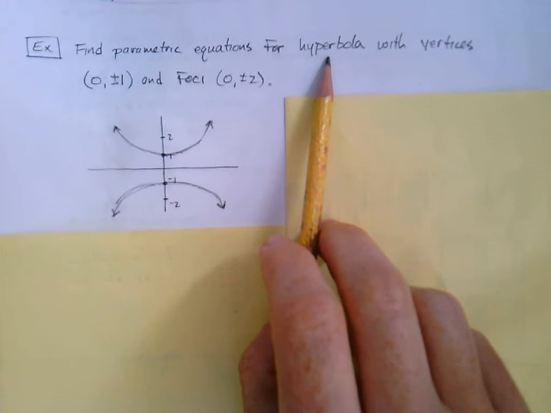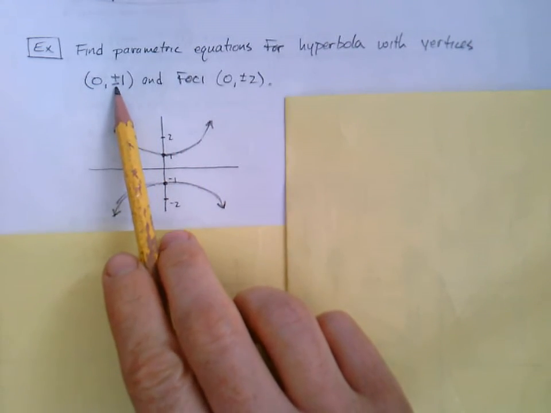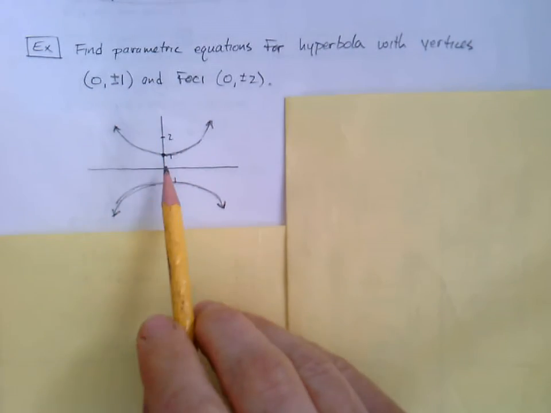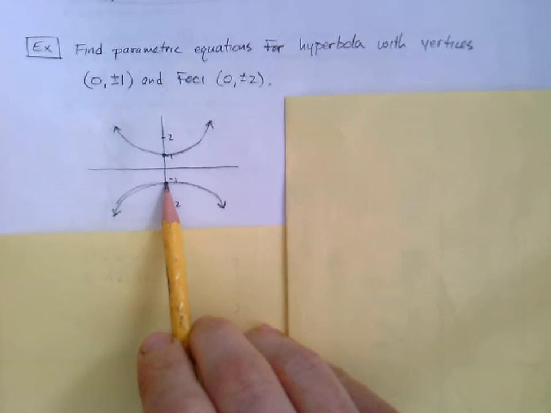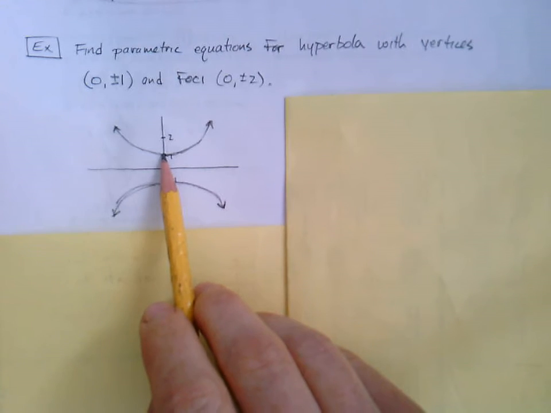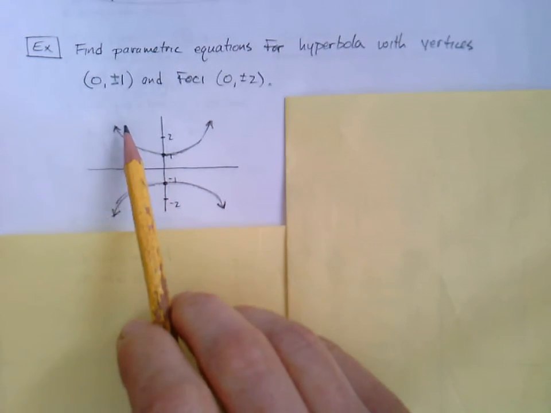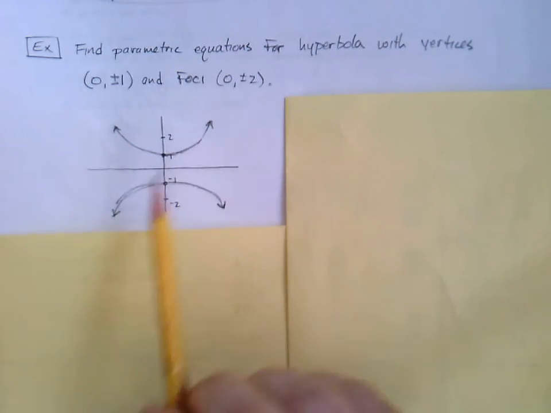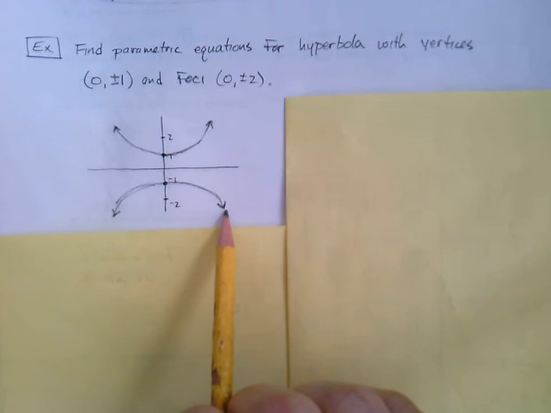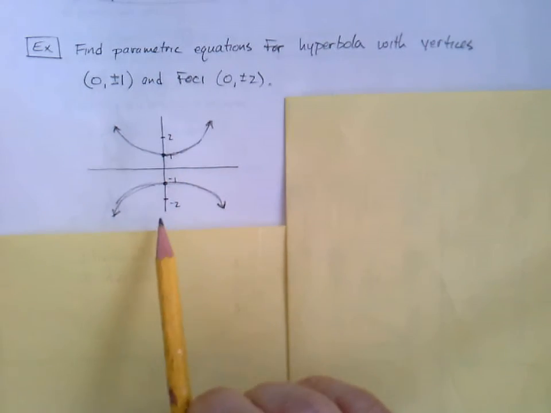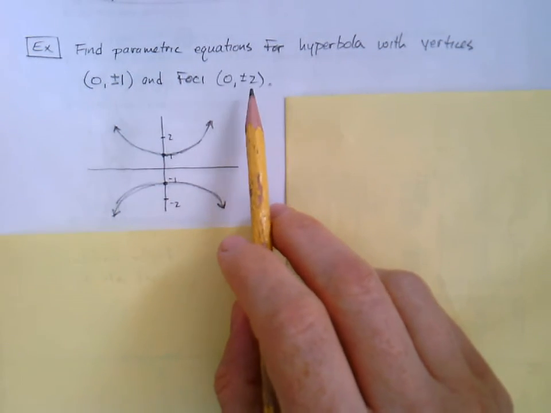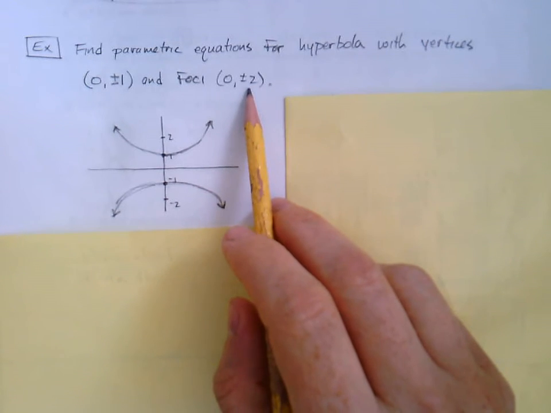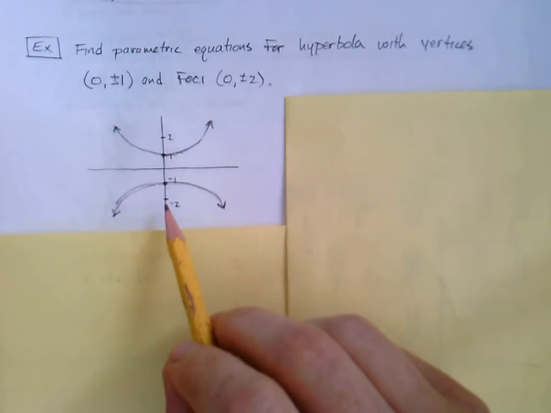So it's a hyperbola. They tell us the vertices are at 0, plus and minus 1. So 0, 1, 0, negative 1. As soon as we know these are the vertices, we know the hyperbola is going to open upwards and downwards. Also, you don't really graph this, but the foci are at 0, 2 and 0, negative 2.